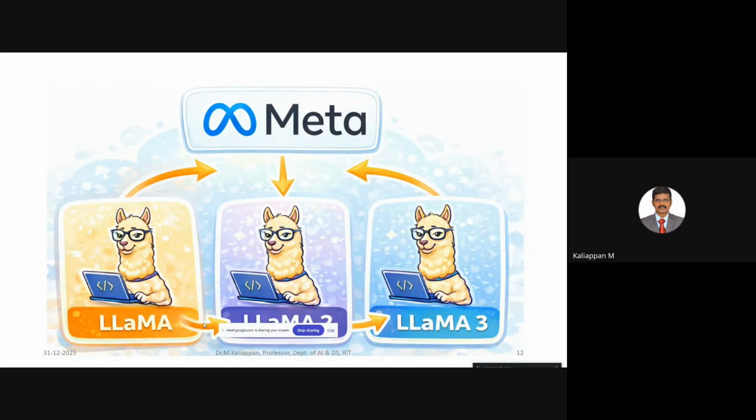The example use case: a software development assistant. A startup company uses Llama 3 to generate Python and Java code and debug errors, and it helps developers write documentation. So this kind of work can be done by Llama 3.